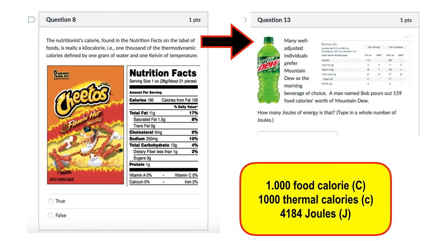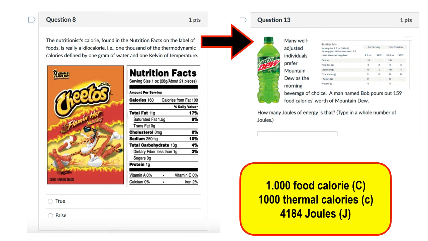And so one food calorie is 4,184 joules. Right? So every thermal calorie is 4.184 joules. So 1,000 of those are 4,184 joules. And it's not a big deal. I just wanted you to trot through the calculation once.